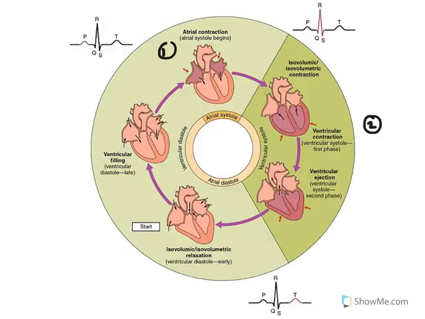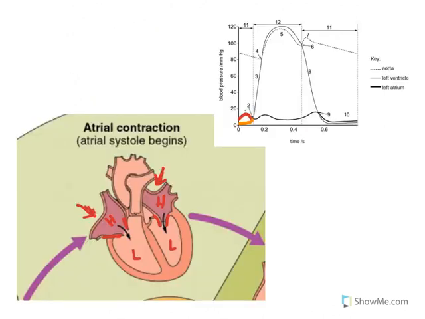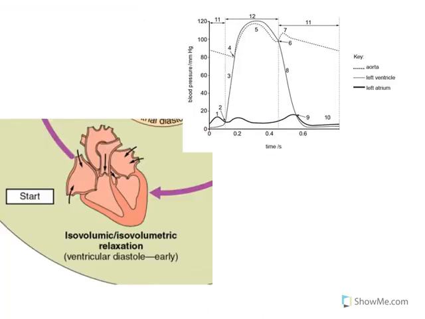Now we will move on to stage number 3, which is the relaxation of the ventricles. So flash forward to here. We're now coming up to around point number 6. At point 5 the ventricular pressure has already started to decrease, but at point 6 is where the ventricular pressure decreases below that of the aortic pressure or the arterial pressure.